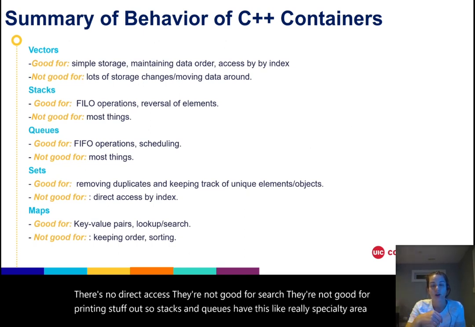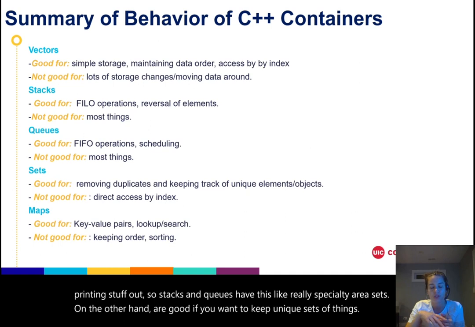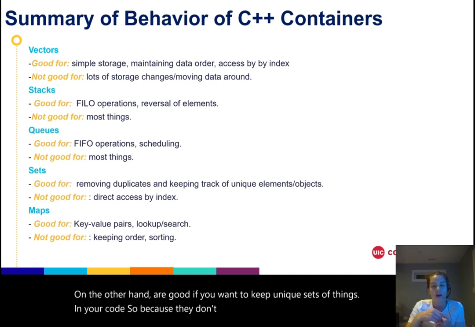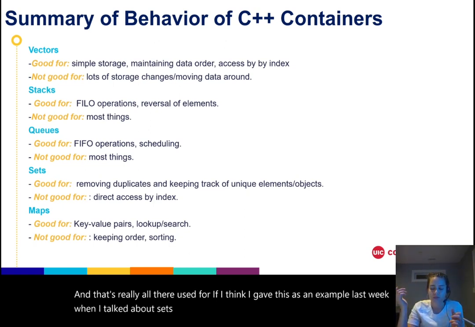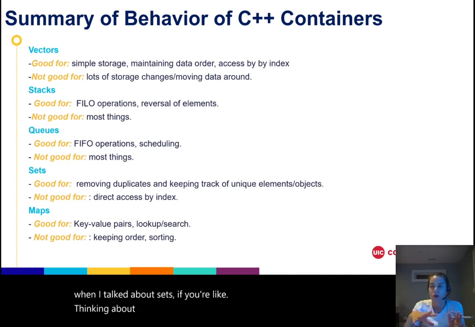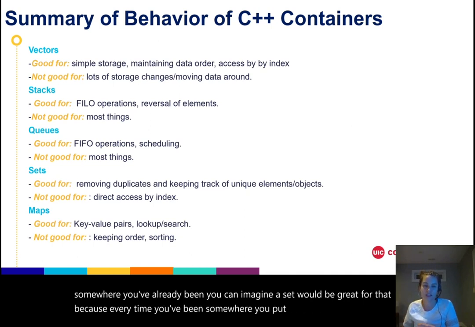Sets, on the other hand, are good if you want to keep unique sets of things in your code, because they don't allow duplicates. And that's really all they're used for. I think I gave this as an example last week when I talked about sets. If you're thinking about a problem on a Google map and you don't want to revisit somewhere you've already been, a set would be great for that, because every time you've been somewhere you put it in the set and you never go back to anything that's in the set.